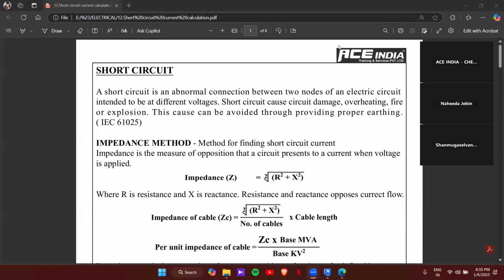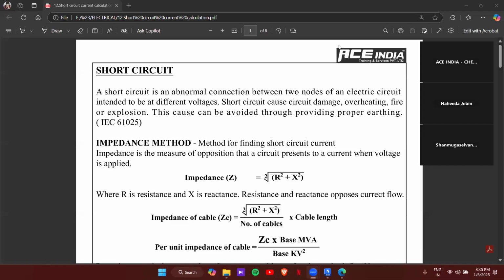So in today's session, we'll see how to do the short circuit calculation. And as I mentioned before, all these things are taken based on assumption: what if a short circuit occurs? This is the basic about the short circuit.